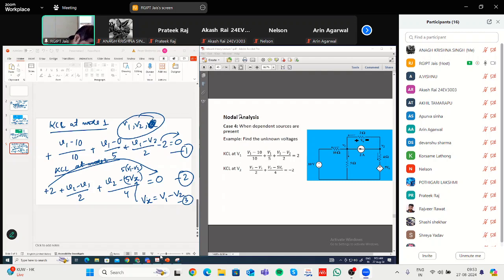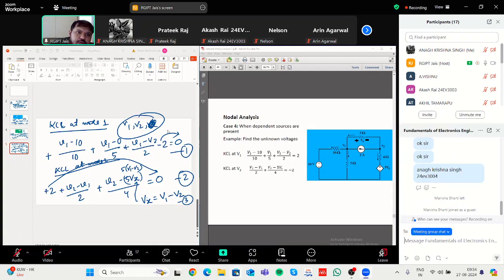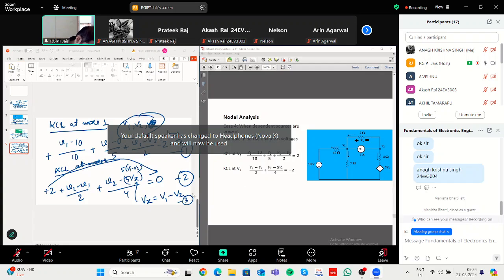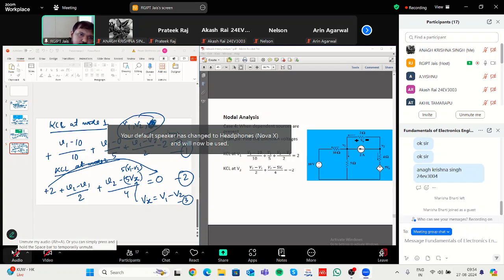Shashi Sekhar. Shreya Yadav. Yasvardhan. A. Vishnu. Akash Rai. Akhil. Anak.